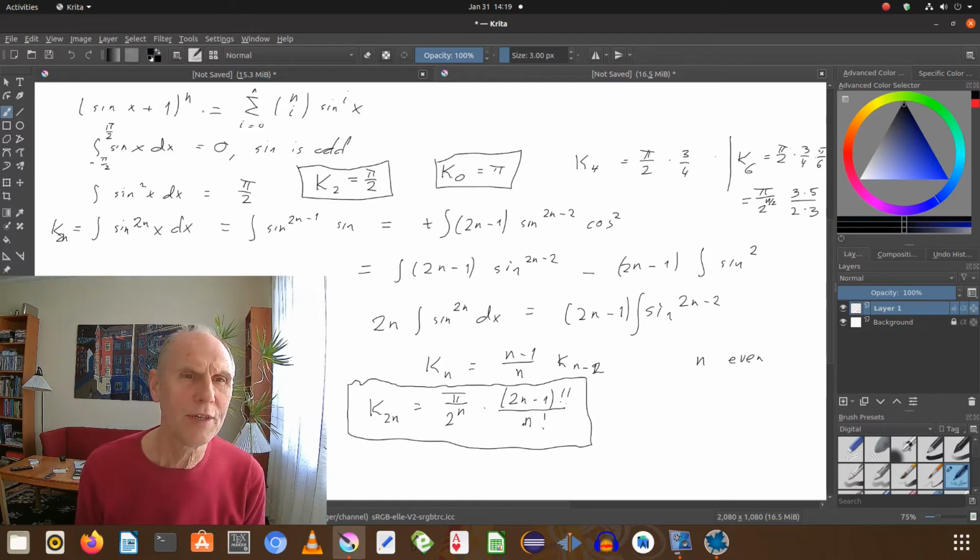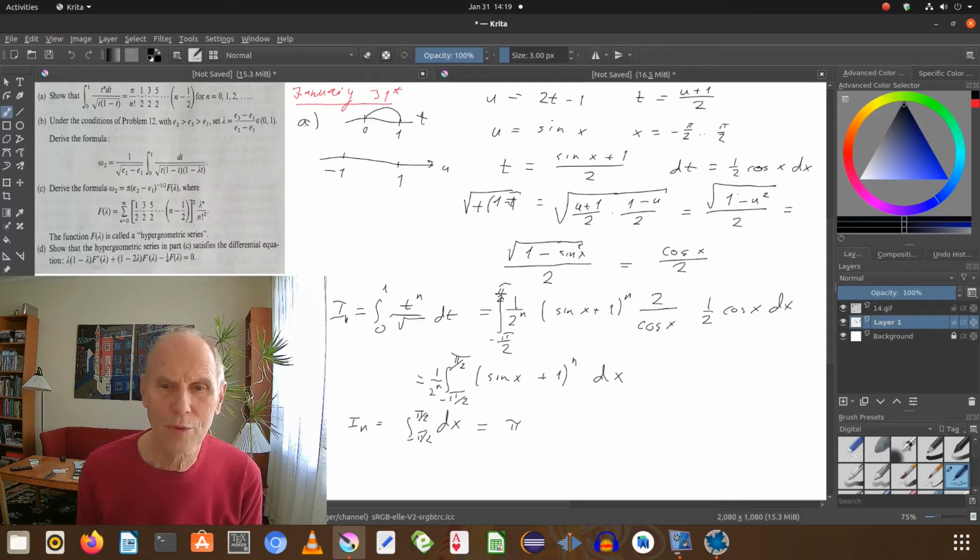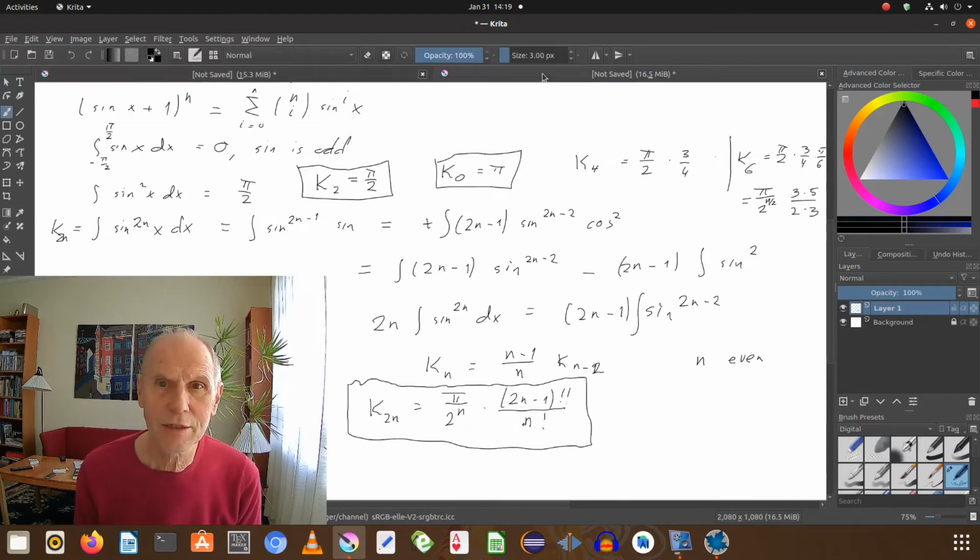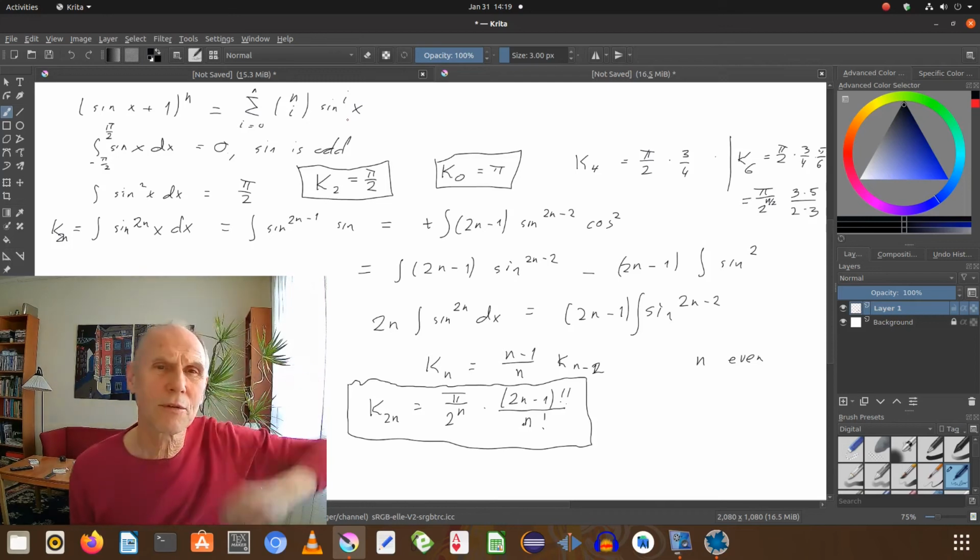What did we need that for? That was the integrals of those guys. So we need the integrals of that. So it's the integrals of these we need. And it's only the even ones.